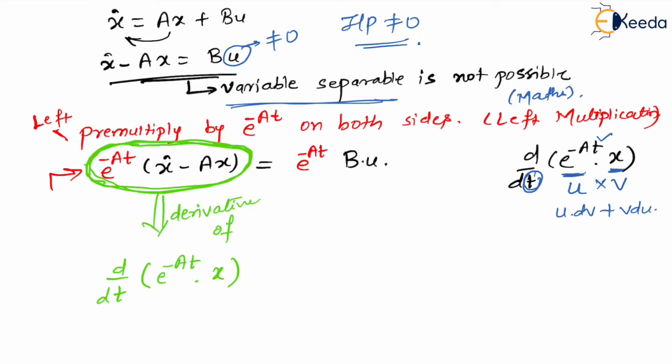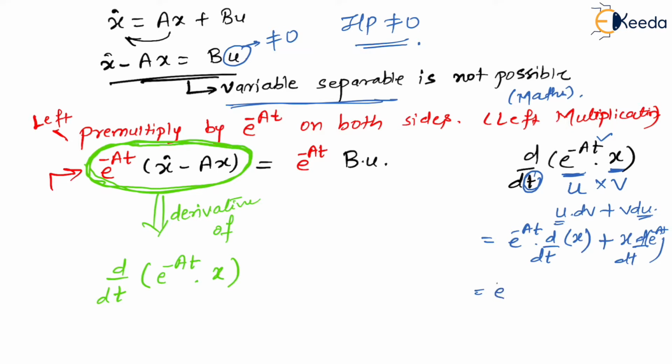So if I apply that rule, what do I get here? I get u, what is u here? e to the power minus at multiplied by d by dt of v. What is v? v is nothing but x, plus v, which is x, into derivative of u. So it becomes d by dt of e to the power minus at.